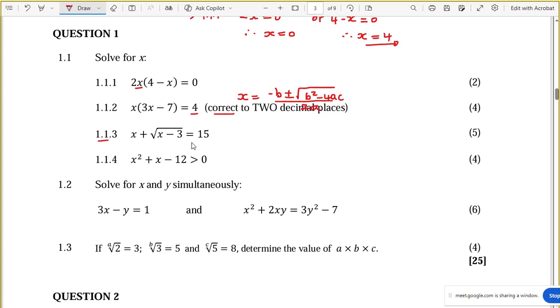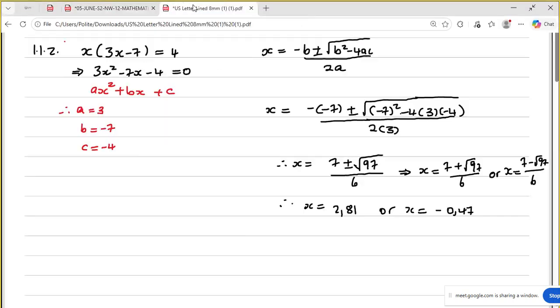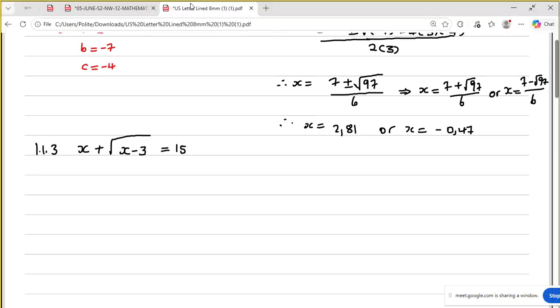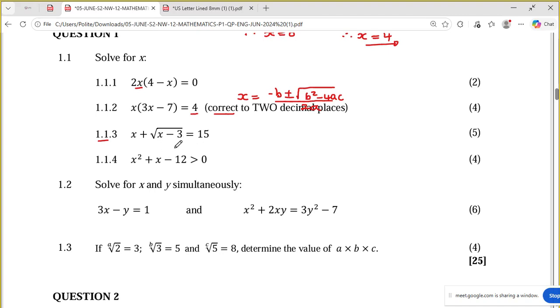So we have this as 1.1.3: x plus the root of x minus 3 is equal to 15. So this is what is given, and we need to work on that first.